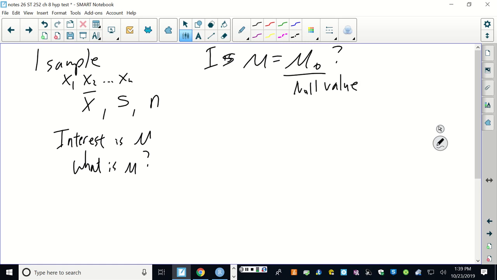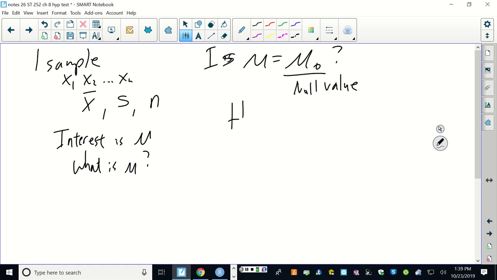Where would mu sub 0 come from? Maybe that's last year's value from a census. Or maybe that's a scientifically agreed upon target value. Maybe that's the value for one population you know about in depth, and now you've gone out and done a survey of another one. Is that surveyed population the same average as the one that you know as a reference?